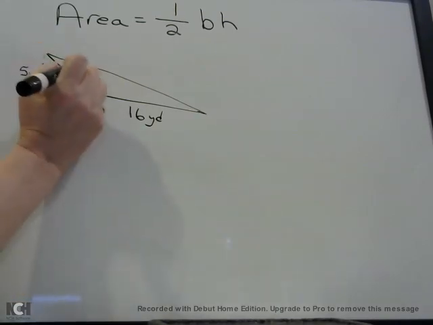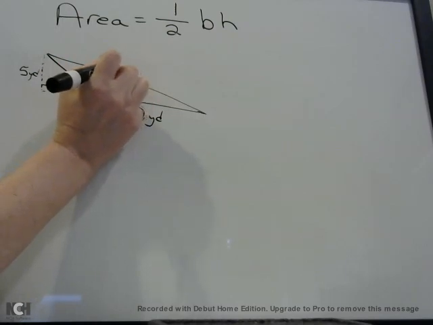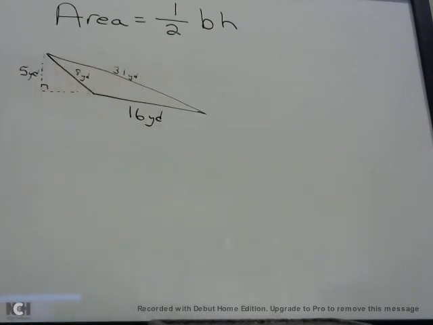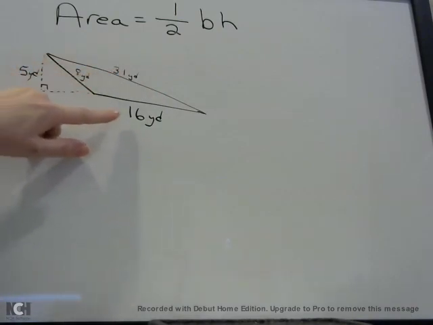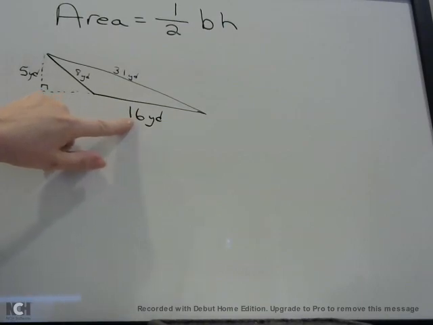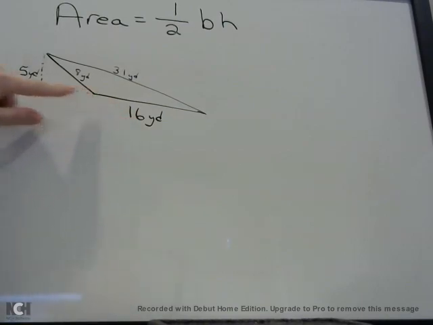So again, if they write something like 8 yards and 31 yards over here, don't use these two legs as the height. It has to be perpendicular to the base. And so it's not all that length, it's just this short length from there to there.